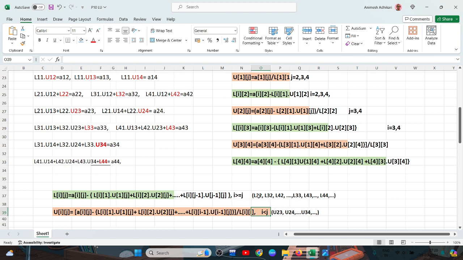So when i equal to 2, j equal to 2; i equal to 3, j equal to 2. So always here i is greater than or equal to j.